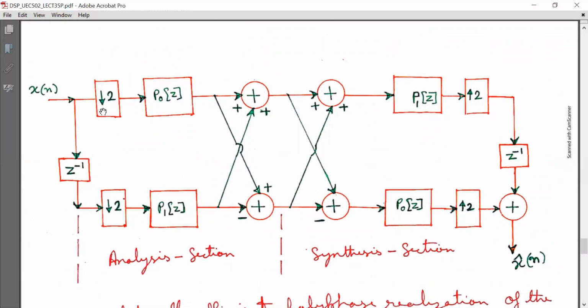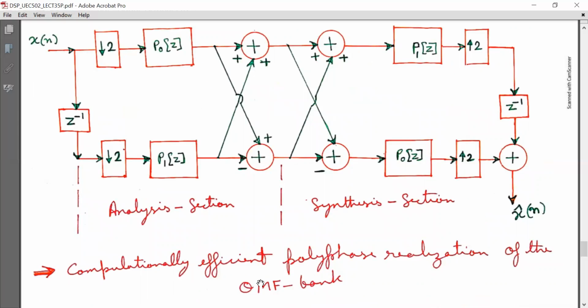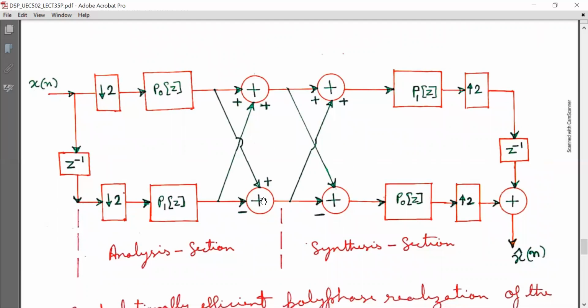And now the downsampler block is here, and after that there is the polyphase filter P0(z). Now this is the analysis section and this is the synthesis section. And this is the computationally efficient polyphase realization of the QMF bank, only by using the first noble identity, which we have discussed in the previous lectures.